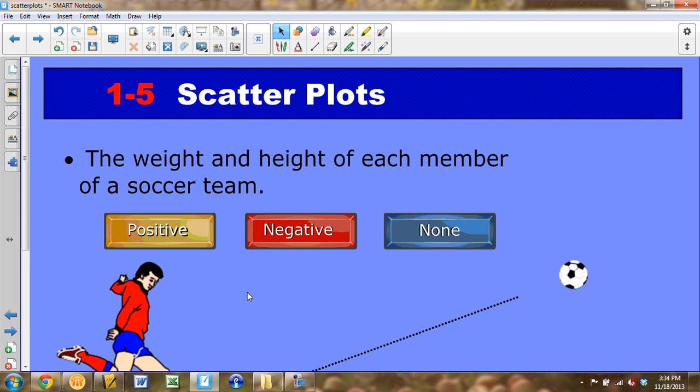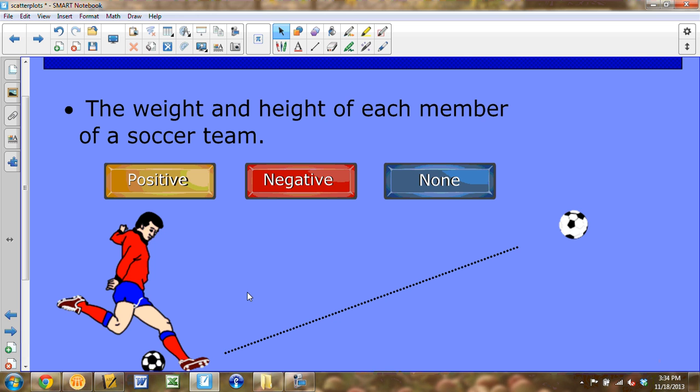Okay. The weight and height of each member on a soccer team. Well, this one's a little bit harder to figure out which one is independent and which one is dependent. I guess we'll say height is our independent because you do tend to grow, right? So as you get taller, what happens to your weight?